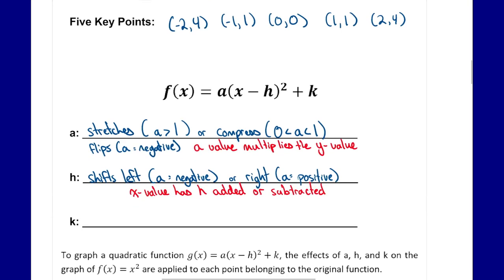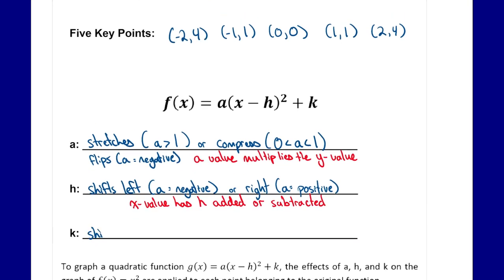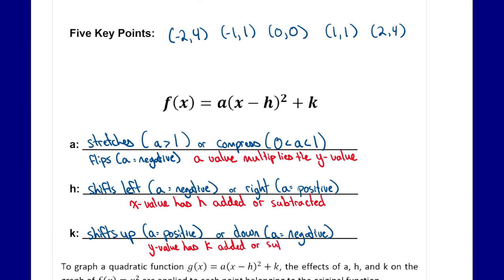And finally, our k value shifts our function up if k is positive, or down if k is negative. And again, the key part here is that the y value has k added or subtracted, depending again on what it is.